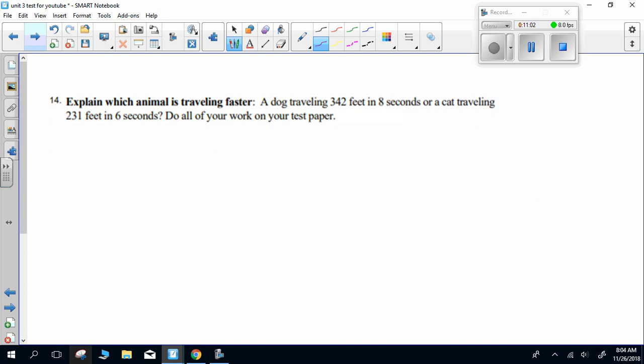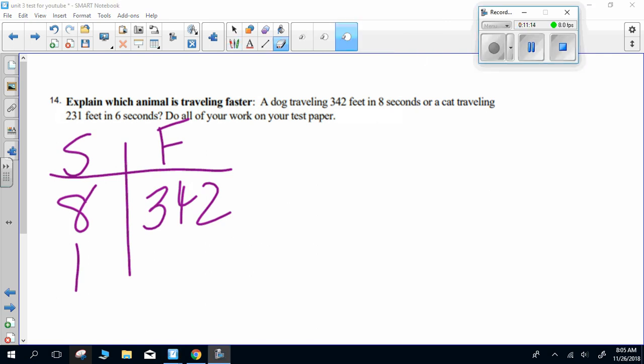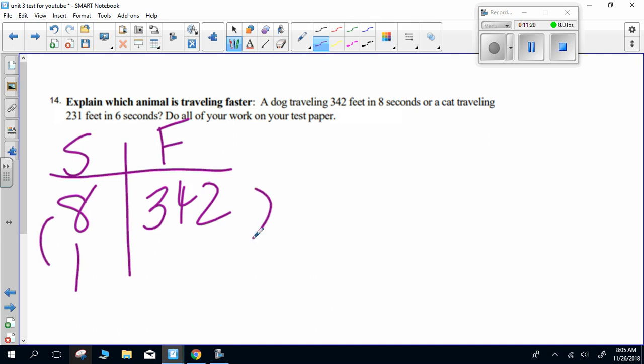The dog goes, in seconds and feet, 8 seconds, they go 342 feet. So in 1 second, when I divide this by 8 and this by 8, I get about 43.75 feet.